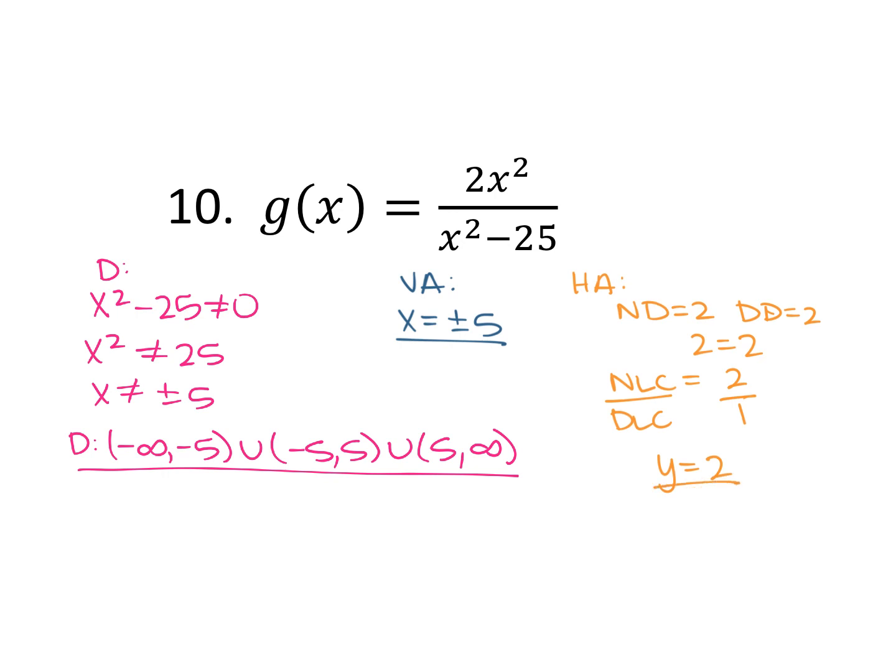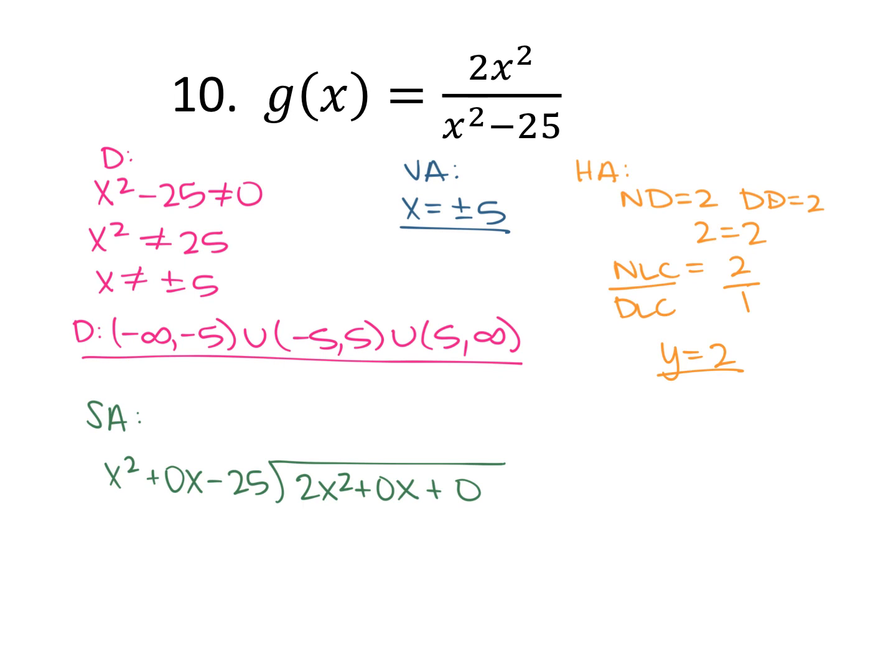For your slant asymptote, you would divide. You'd have x squared plus 0x minus 25 on the outside, and then 2x squared plus 0x plus 0 on the inside. You can multiply by 2 to give yourself 2x squared.